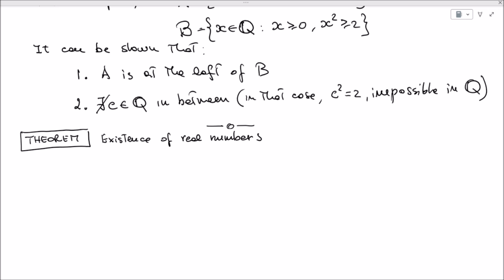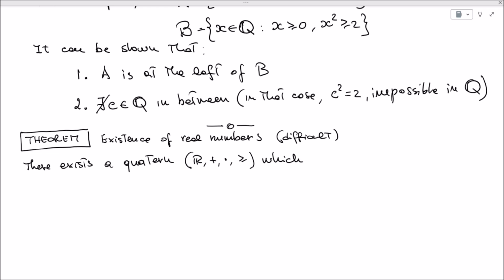We are not providing a proof for this theorem, which is very difficult, but we are just stating the theorem. So basically the theorem says that there exists a quaternion R, plus, times, which satisfies all the axioms.